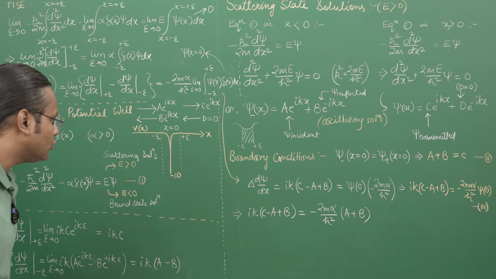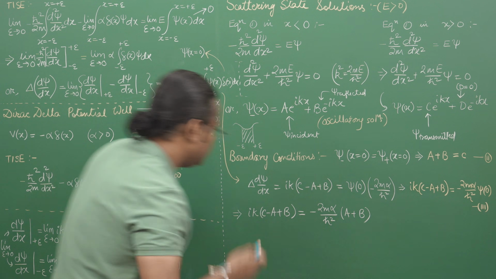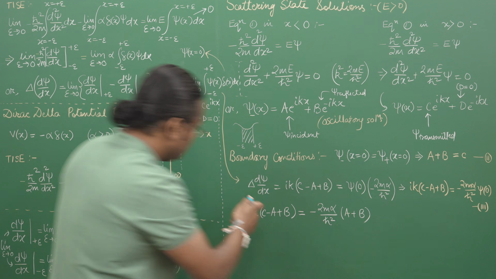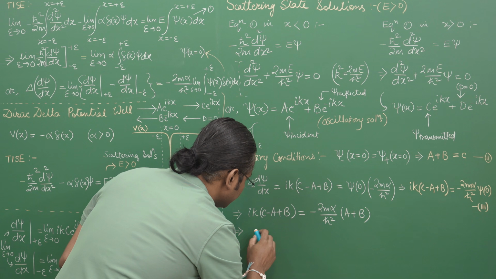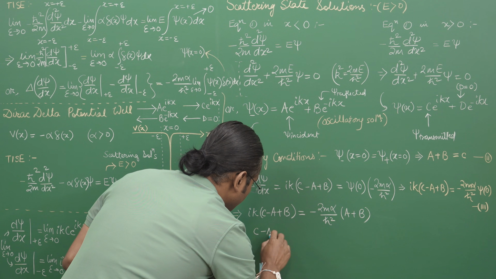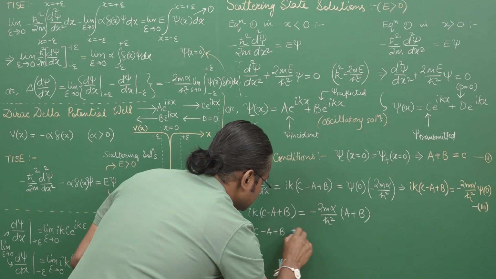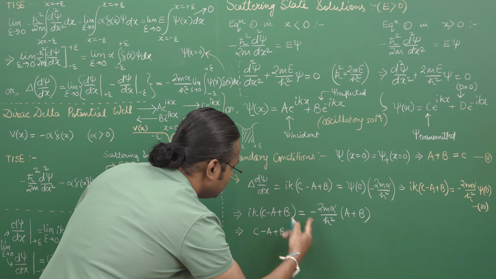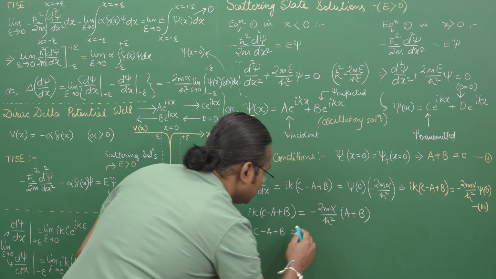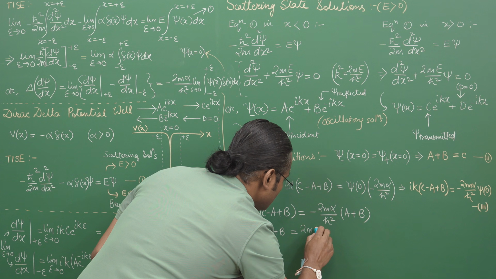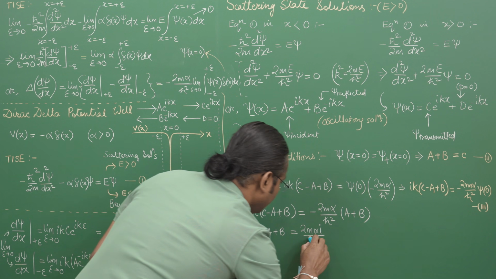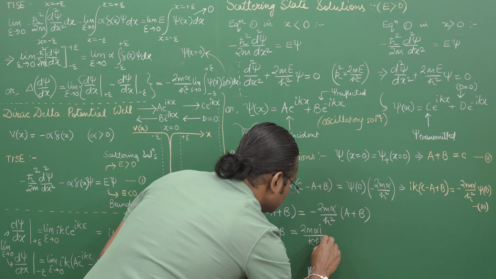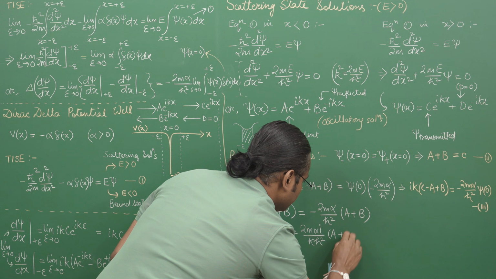Let's simplify this whole thing, but before that let me take the constants, or iota, to one side. So you have c minus a plus b is equal to, if I take iota this side, the minus will get cancelled and I will end up with 2m alpha iota upon k h cross square times a plus b.